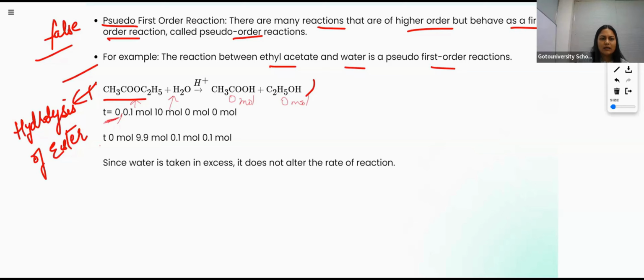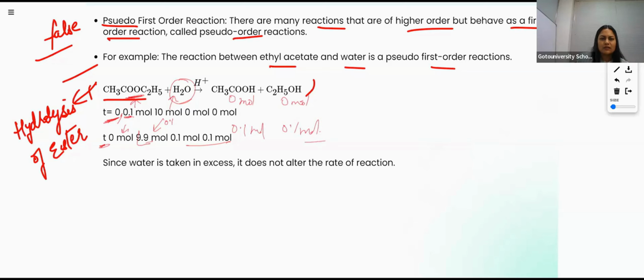Now at time t, the concentration of ethyl acetate decreases from 0.1 mole to 0. The water concentration decreases to 9.9 mole, that is only 0.1 mole of water is consumed on the reactant side. And the concentration of the products on the right hand side increases to 0.1 mole and 0.1 mole.